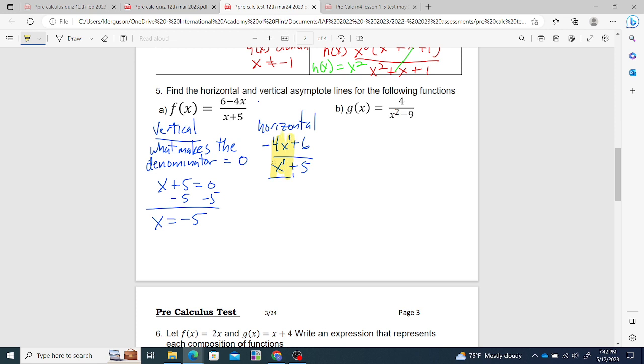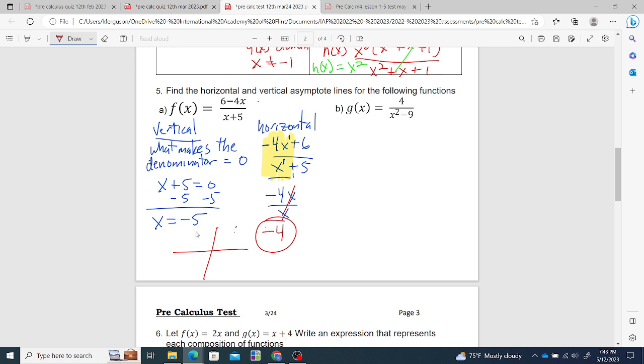I'm going to focus on this, not the 6 and the 5. So I've got negative 4x over x. The x's are going to cancel off, and my asymptote is negative 4. That's what my horizontal asymptote line is. Now remember what that means. It means I've got my graph on a coordinate plane, and these asymptote lines are imaginary lines that are restrictions my graph can't cross.